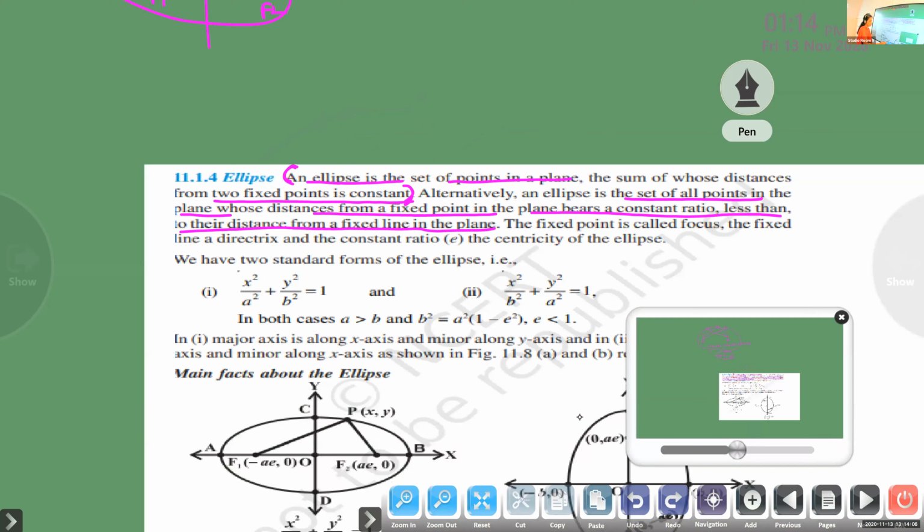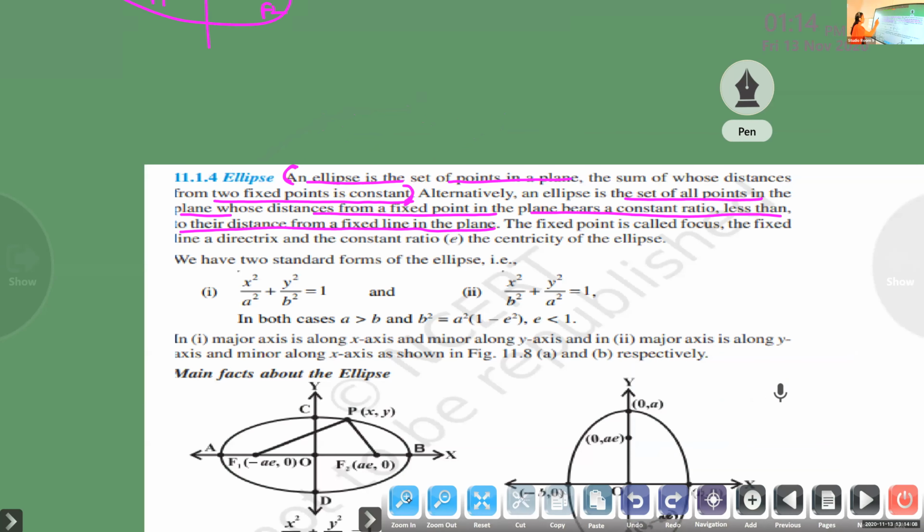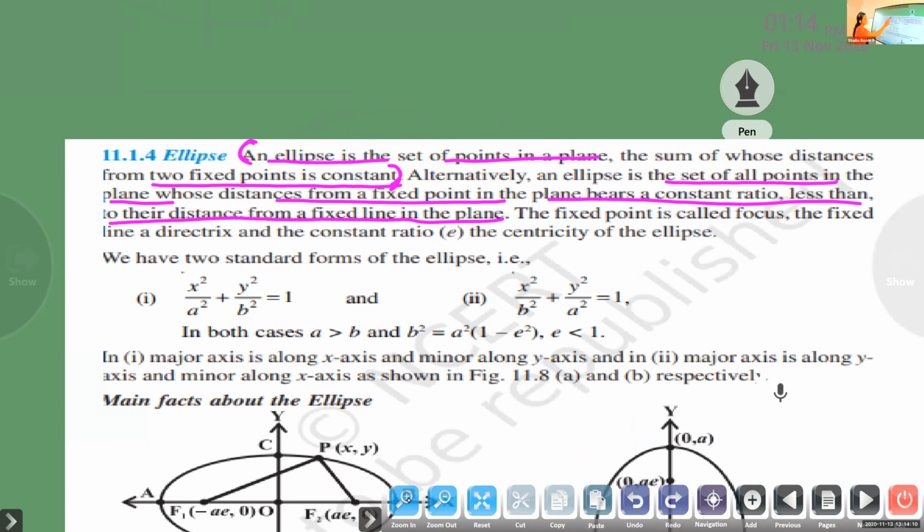So listen to the definition once again. An ellipse is the set of all points in the plane, the sum of whose distances from two fixed points is constant. When you add up these two distances, it will always be a constant.